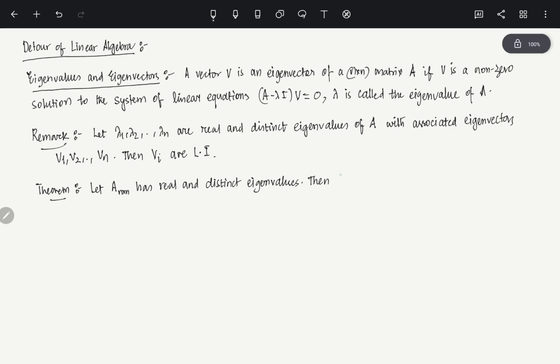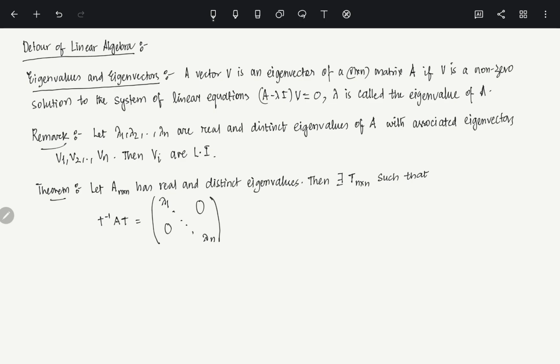So then there exists a matrix T, an n cross n matrix again, such that T inverse A T is nothing but this very simple matrix with lambda 1, lambda 2, ..., lambda n on the diagonal, and all other off-diagonal entries are 0.